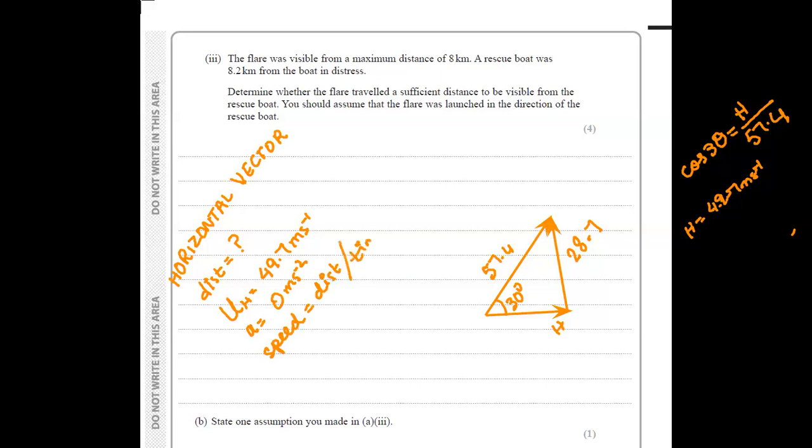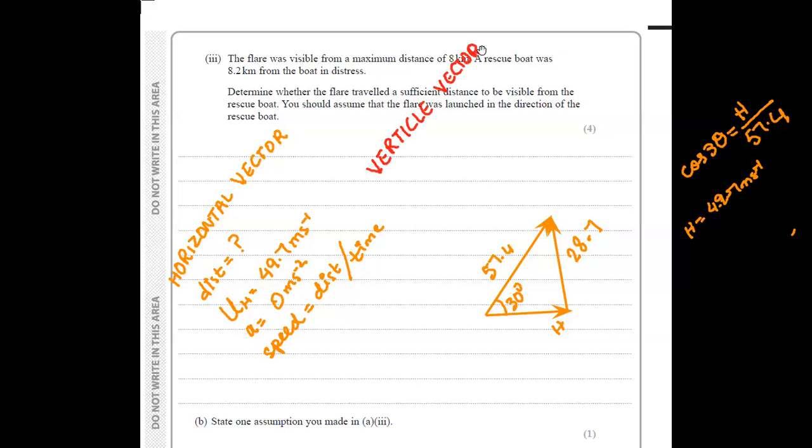Distance I have to calculate. Speed I just found out was 49.7. I now need to find the time. So if I want to find the time, I need to go back to my vertical vector.